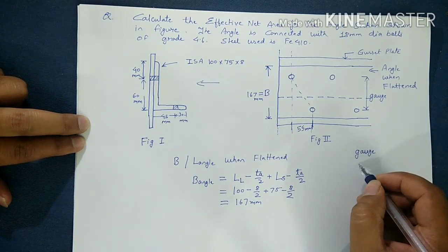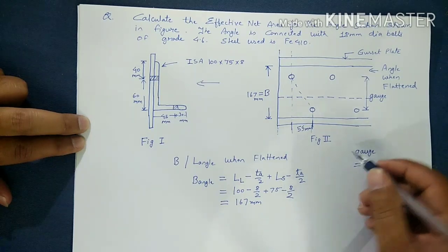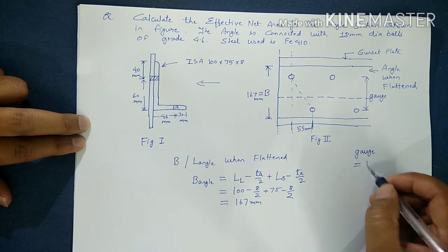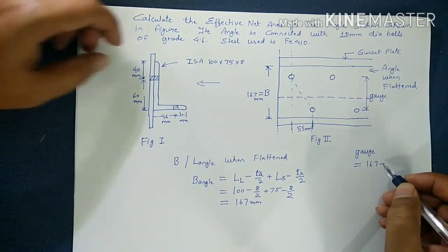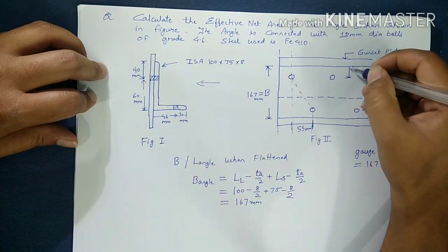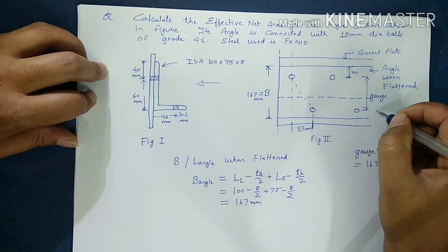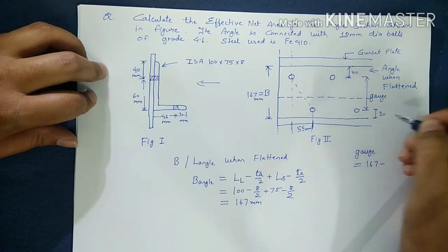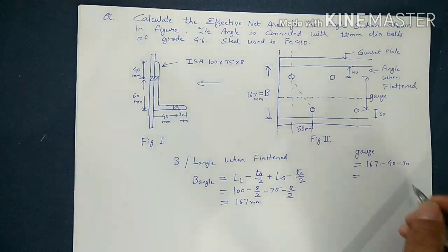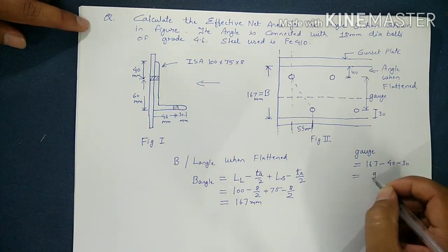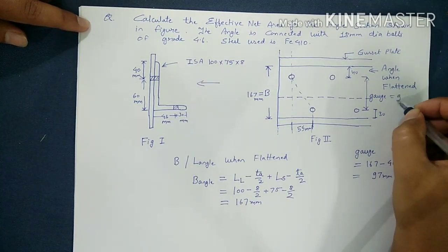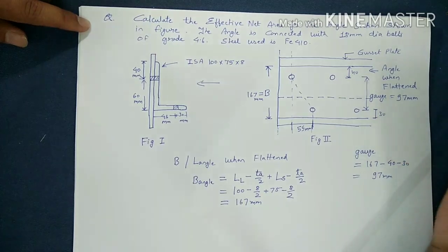Gauge can be calculated as the overall width of the angle minus this 40, this portion is 40 and this portion is 30 mm. On solving this, we find it is 97 mm. So gauge is 97 mm.